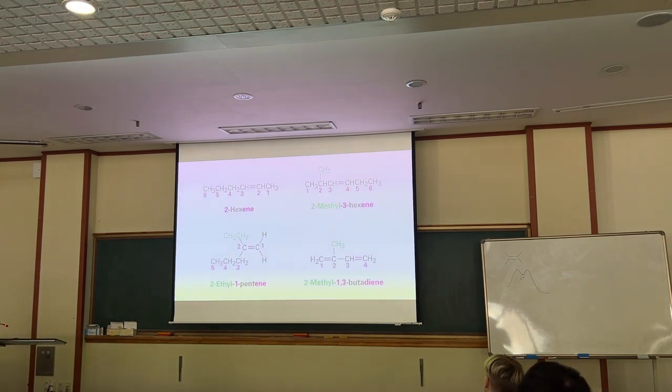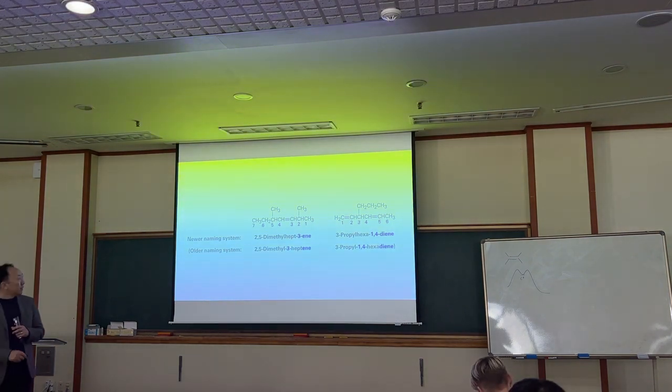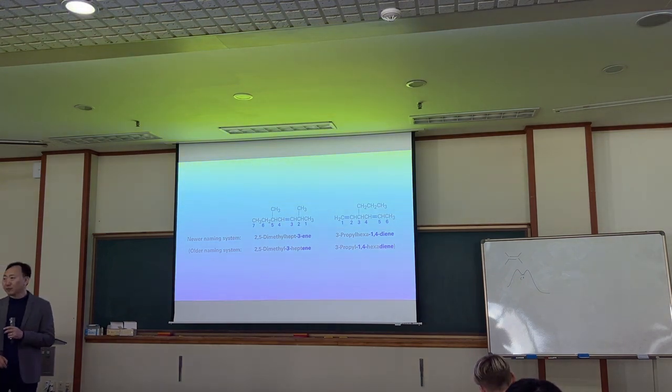Okay, now, originally we used these terms, butadiene. To make it a little more systematic, in the new system we use this one, and this is the older system. 3 heptene, now hept-3-ene. To make it a little more systematic, we moved this 3 inside, before this ene.